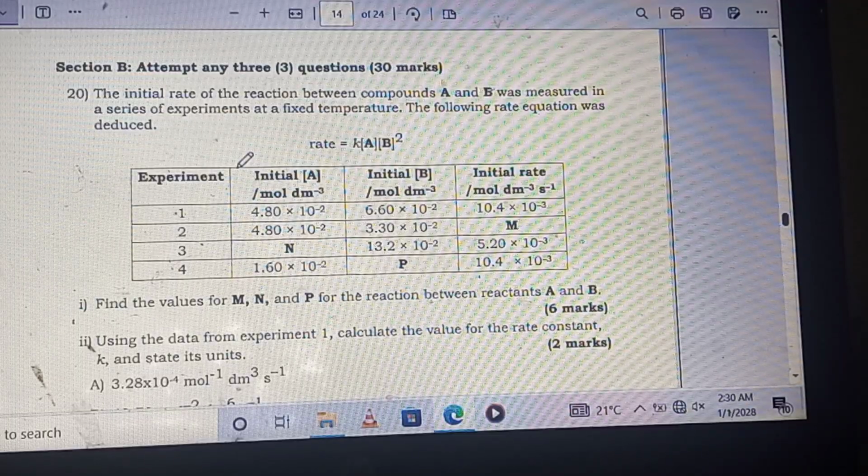Candidates, don't enter the national examination if you don't understand rate of reaction, because this equation is repeated in many national examinations. Make sure that the content you studied in senior 6 you understand well.